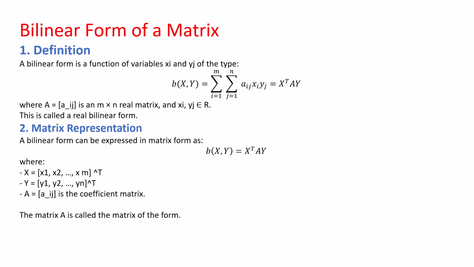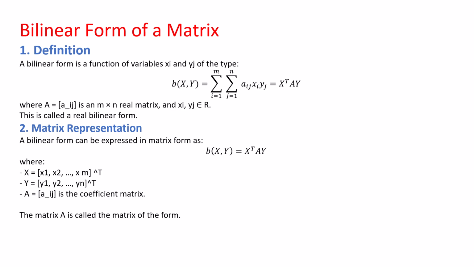So we want to look at the matrix representation. A bilinear form can be expressed in matrix form as b of x comma y, which is equivalent to x transpose A y, where x is a column vector.